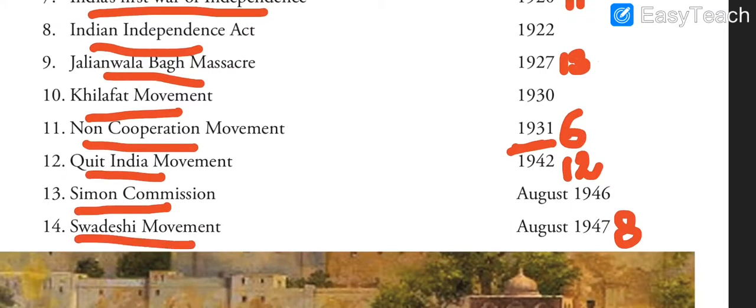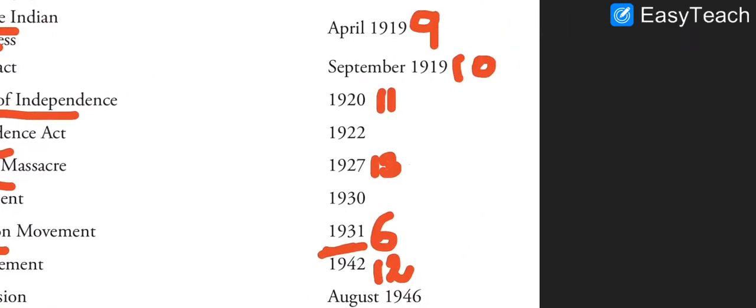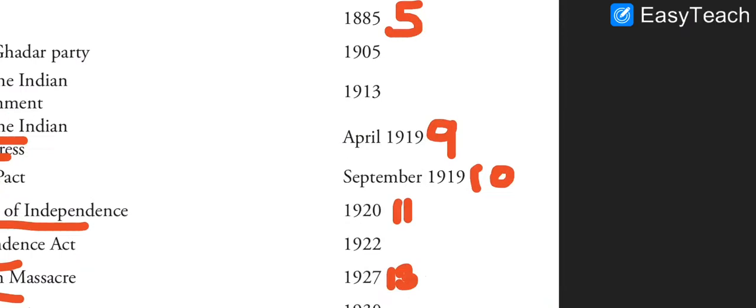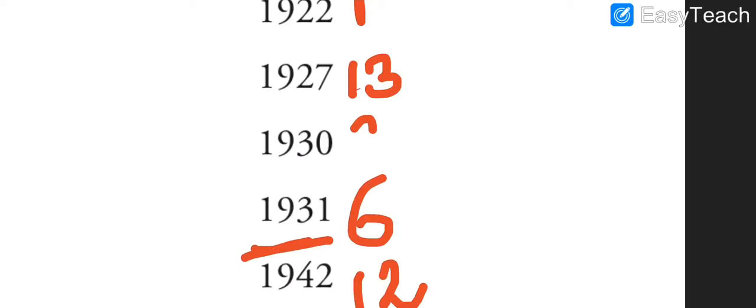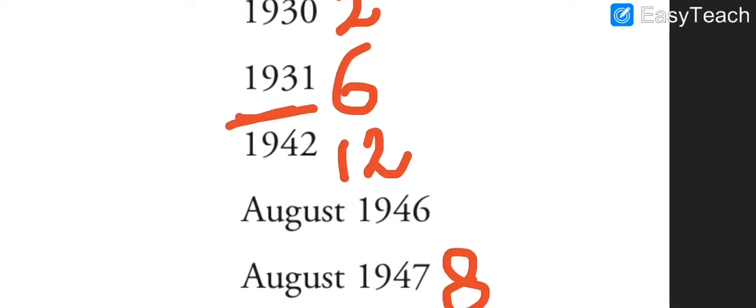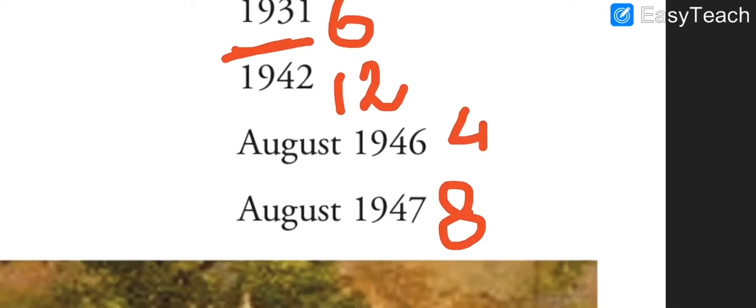Last is Swadeshi movement. Swadeshi movement took place in the year 1905. So I'll just show you the correct sequence. 7, 5, 14, 3, 9, 10, 11, 1, 13, 2, 6, 12, 4 and 8.